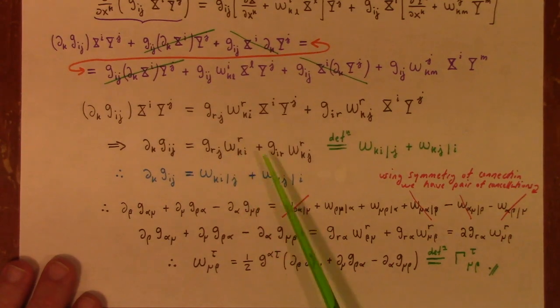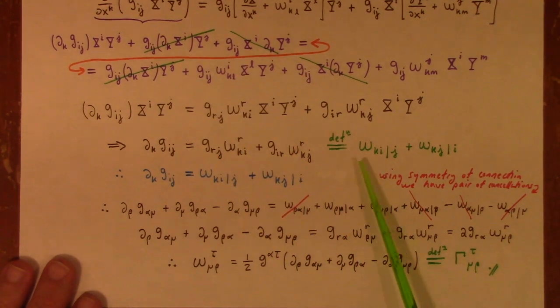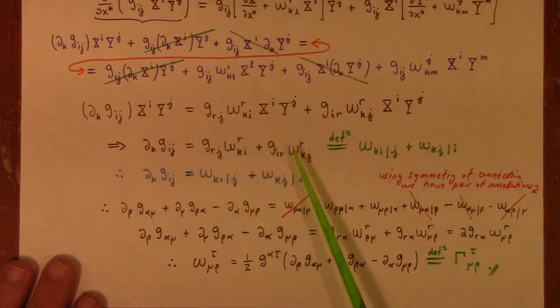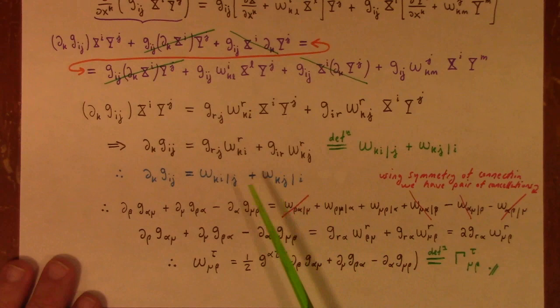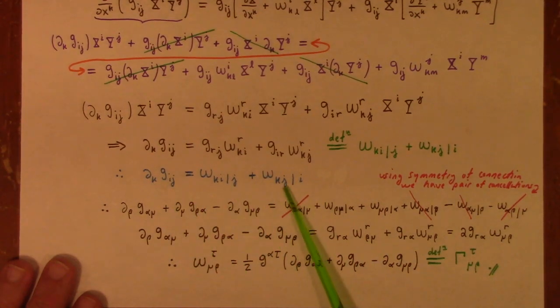Again, I'll make the definition that Frankel made earlier, which was to define lowering the index for the connection for the convenience of this argument. And so we have this, and this would be analogous to my star equation, I think at the bottom of page 1 or top of page 2, I can't remember.